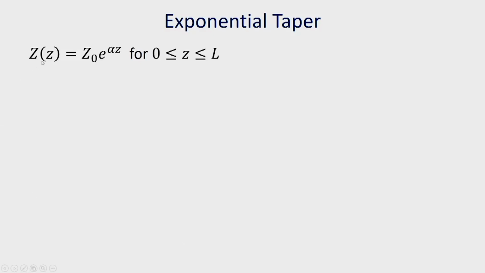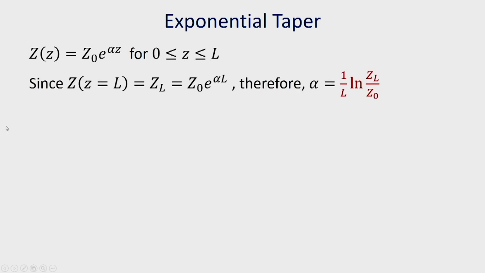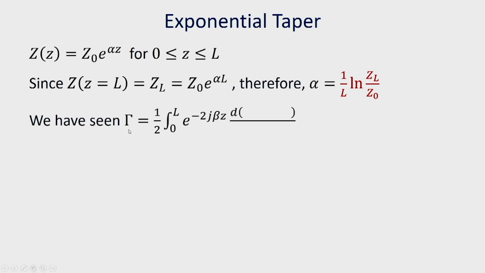Here capital Z as a function of distance z is given by Z naught e to the power alpha z for 0 less than z and z less than capital L. Now, since this capital Z at z is equal to L is ZL, and therefore, we can find alpha to be equal to 1 by L log of ZL by Z naught. And we have the expression for gamma.